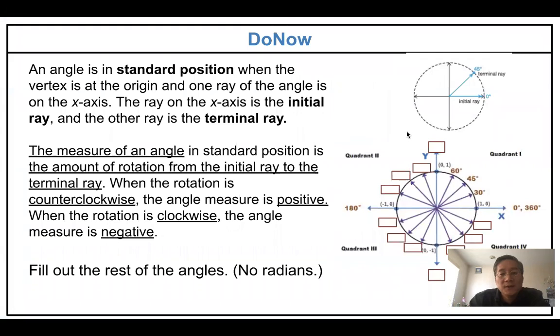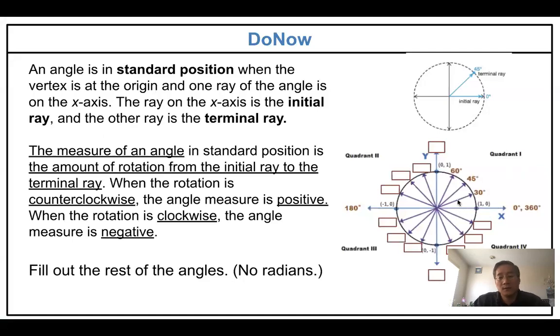So before we do anything, let's start with what's the angle. An angle is in a standard position when the vertex is at the origin here, and one ray of the angle is on the x-axis.